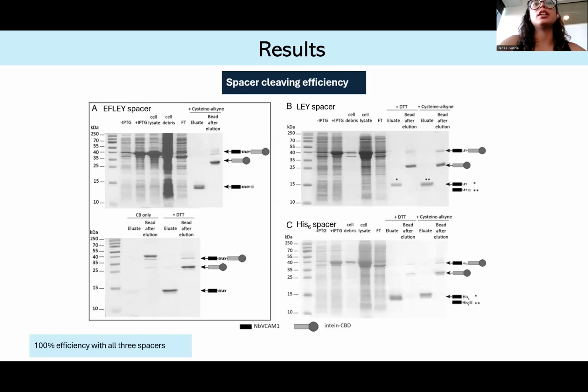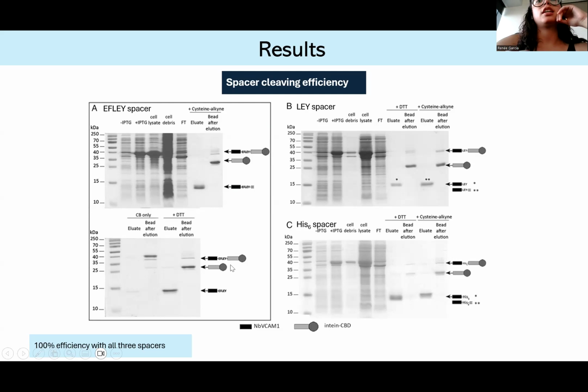Then as for the spacer cleaving efficiency, what you can see here is the bands corresponding to the protein unified with the spacer. Here is the protein alone, and here is, sorry, this is the intein and this is the protein with the alkyne. So if you don't see the protein with the alkyne, it means that it eluted completely.